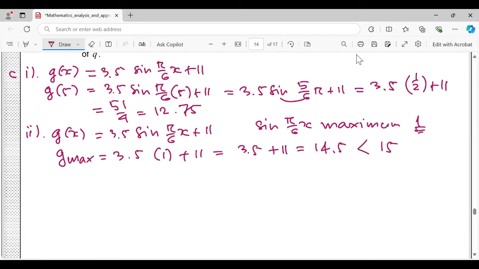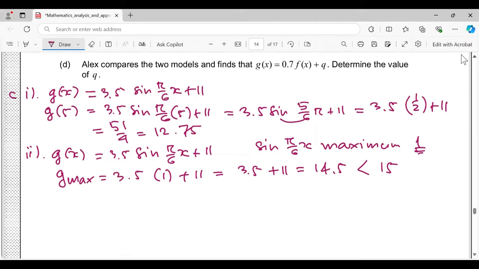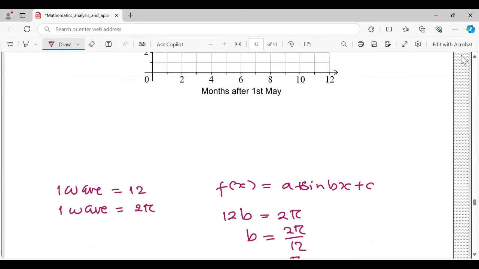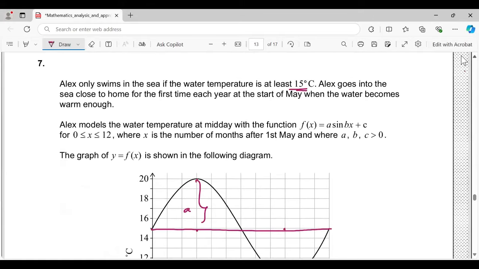According to the previous information, the maximum temperature is 15.